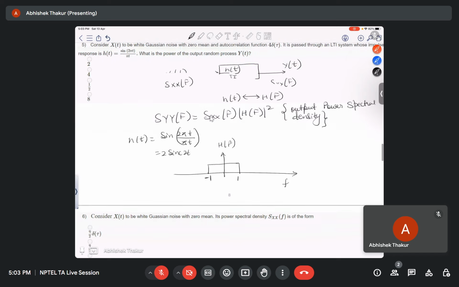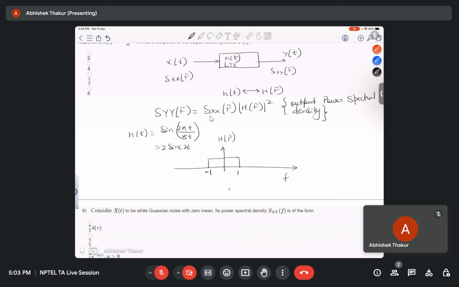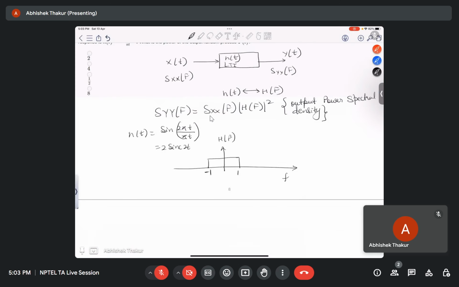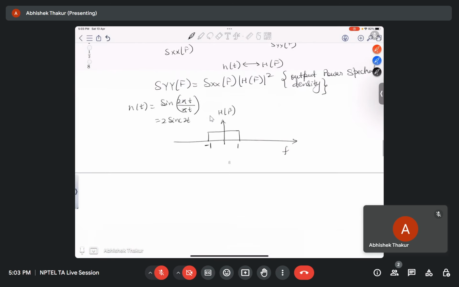So this will be the frequency response of this h(t). Now |H(f)| squared will again be 1 from -1 to 1.